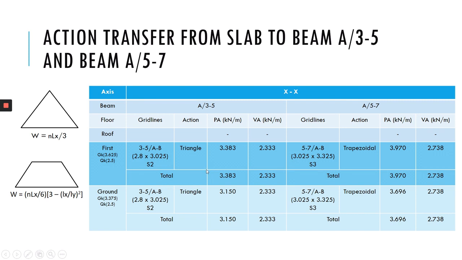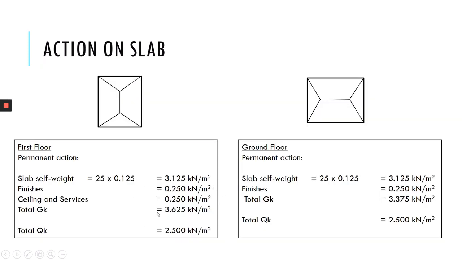Okay, I already told you that for the first floor, for the beam 3-5, the load that it will receive is load from the slab 2 with a triangular shape. So I'm using this formula nLx over 3. Your n here is taken from this load.